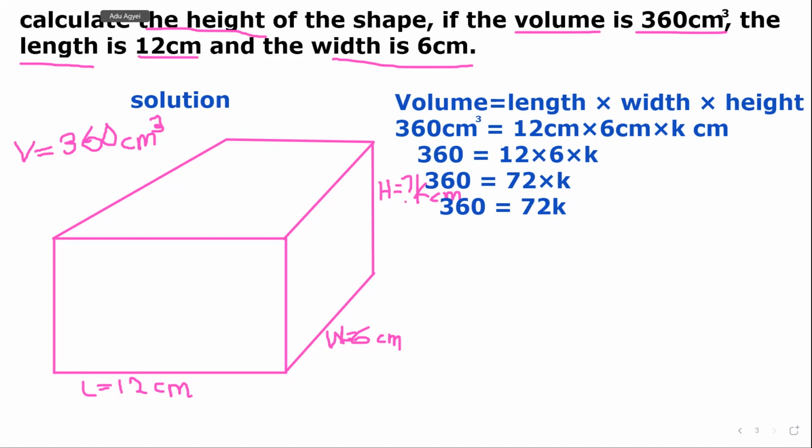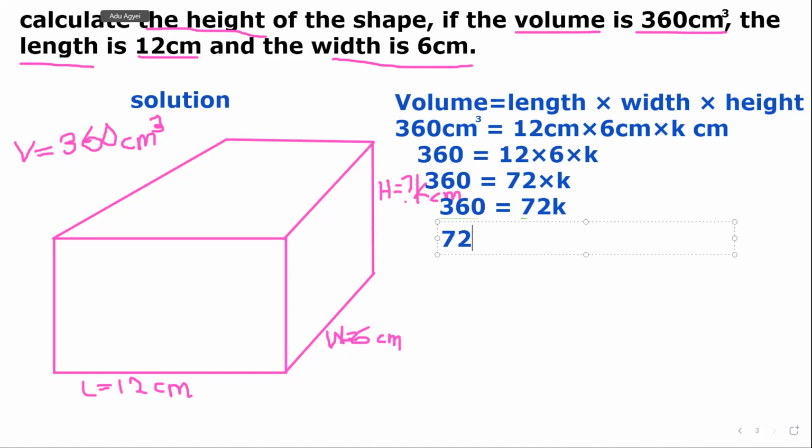So let's divide both sides here, by the number attached to the K, and that number is 72. So we divide both sides here by 72.